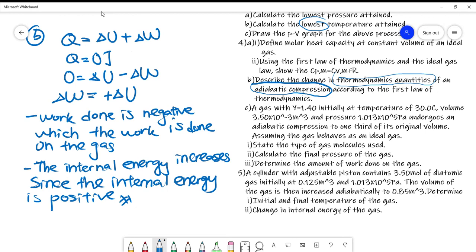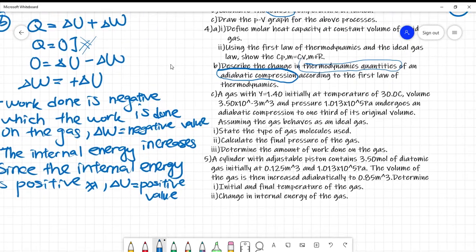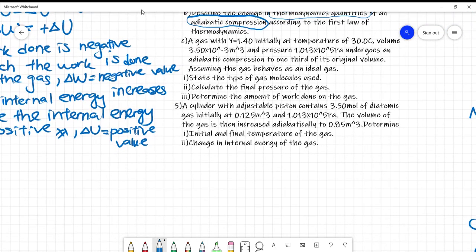So we have shown that Q is 0 joule, my change in work done is a negative value, and my change in internal energy is equal to a positive value. So this is how we state the quantities of the first law of thermodynamics in terms of adiabatic compression. Okay, so we have done question part B. So let's just move on to part C.